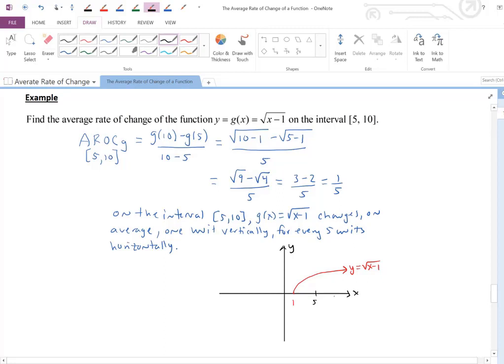Maybe there's 5 and there's 10. Boom, boom. Draw a line through them like so. The slope of that secant line is 1/5. And just as consistent with the sketchy graph we just drew, you move over 5 units in the horizontal direction, you're only going up 1 unit in the vertical direction. So it's telling us on average it's getting bigger, right? But kind of slowly.